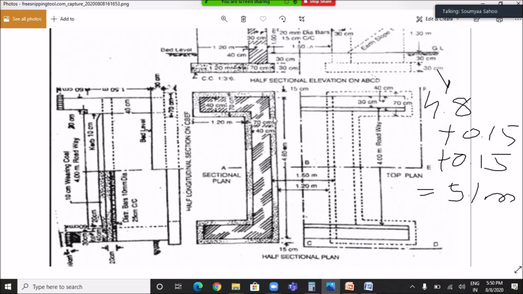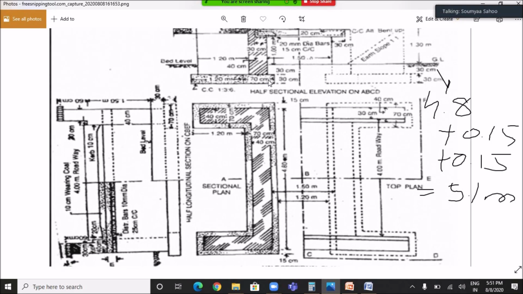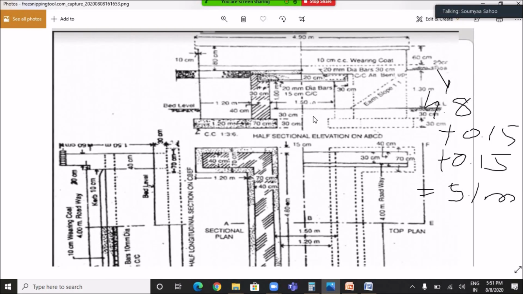In the similar manner, we have to find out the length, breadth and height of the wing wall for which the excavation work is to be done. So the length of the wing wall, from the plan it is clear, 1.2 meter, and the breadth of the wing wall is also clearly mentioned in the plan as 70 centimeter or 0.7 meter, and the height or the depth for which the excavation work is done for wing wall is from this point to this point, so that is 30 centimeter plus 30 centimeter equals to 60 centimeter or 0.6 meter.